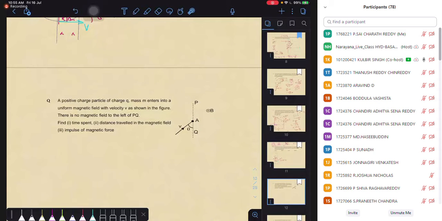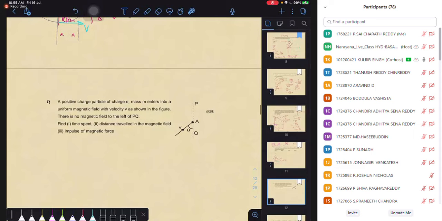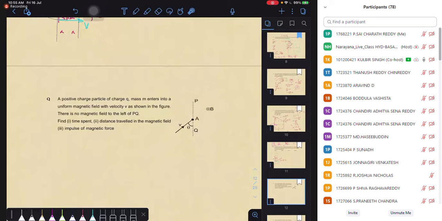Again, on a similar concept, you have this question. Most students get confused whether it makes a circle or a helix. So tell me, circle or helix?